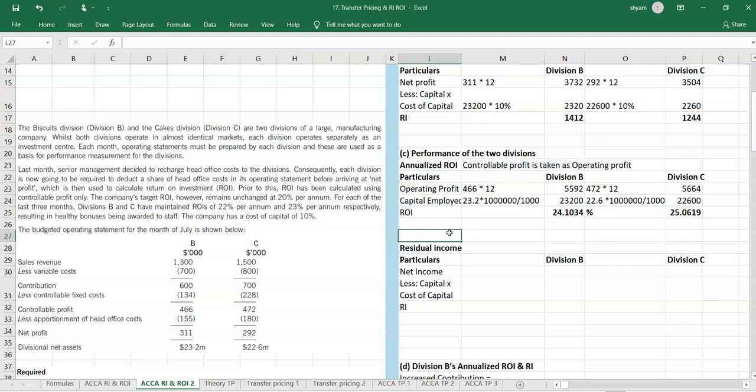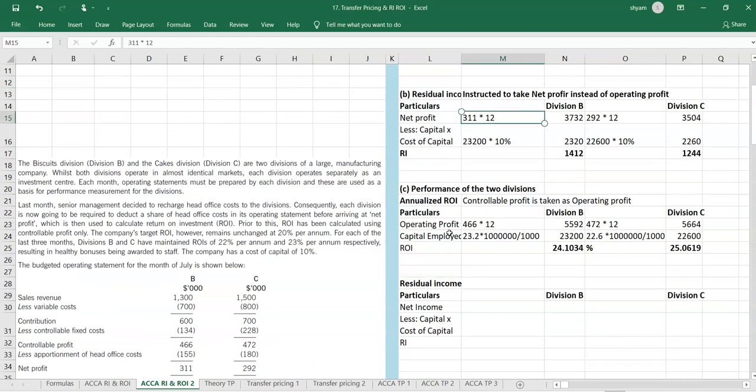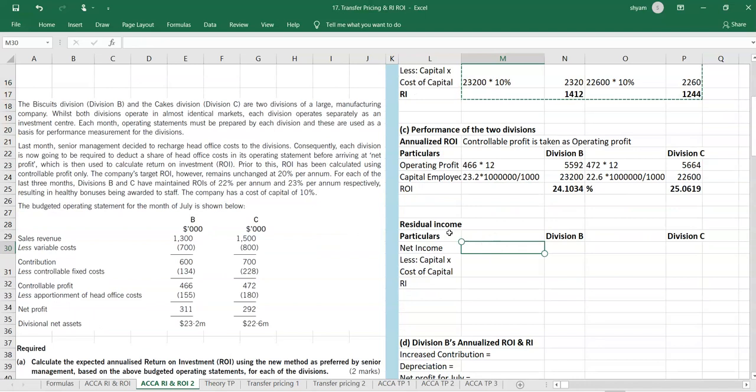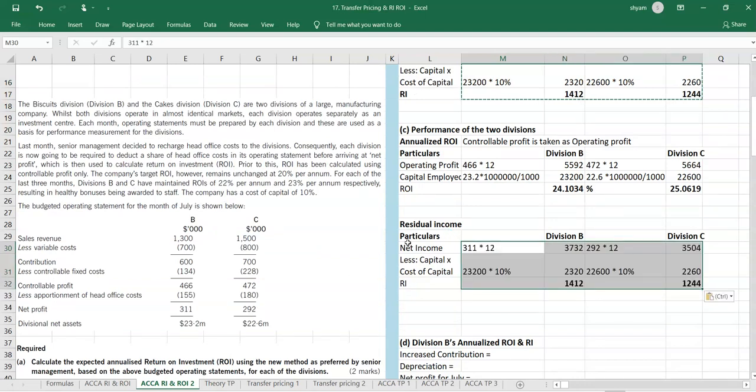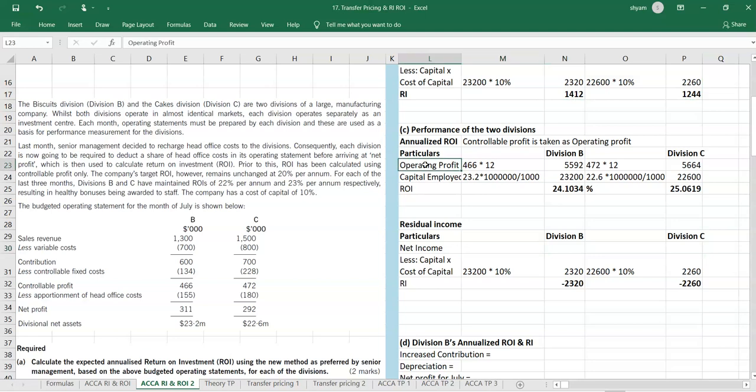Now let's go for RI. So the RI calculation is going to be very similar. We'll just copy the numbers from here so that we can easily finish it off. Again, the only number that is going to change here is the operating profit.